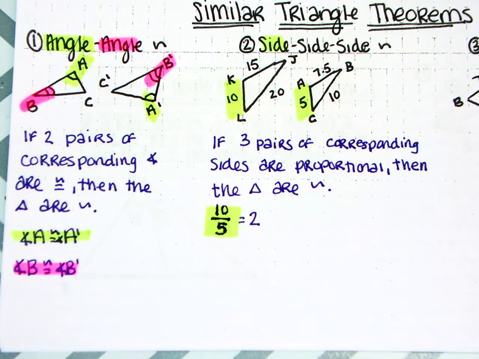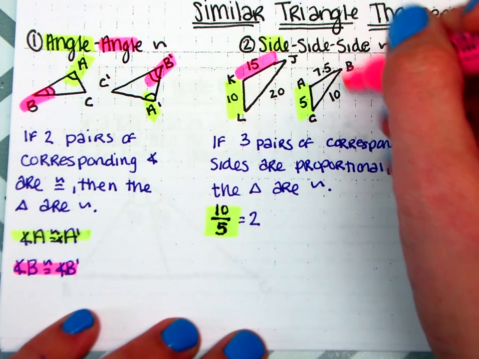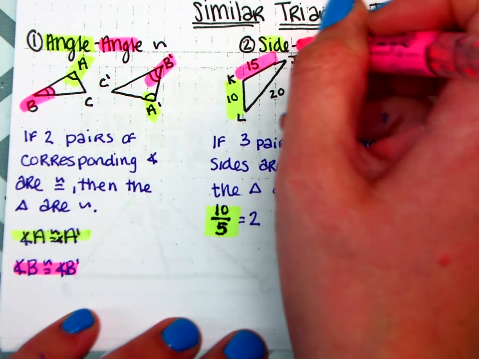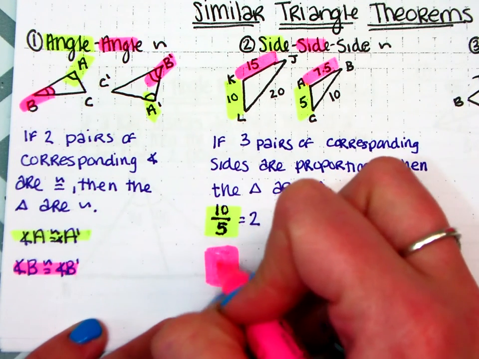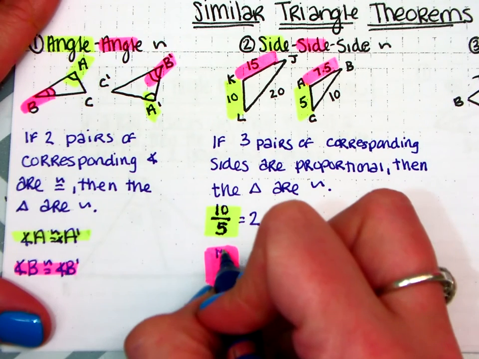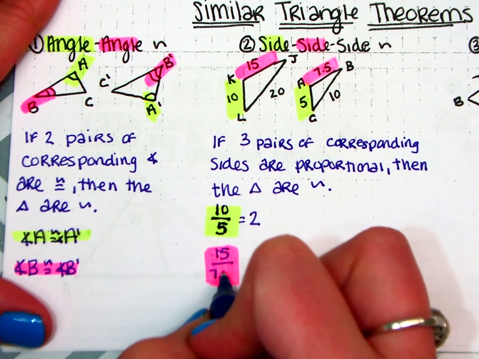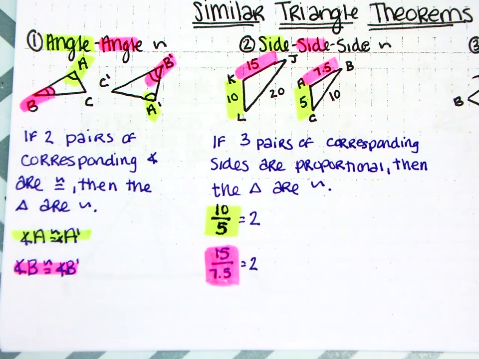Then I'm going to go up, so 15 is my next largest side, and my next largest side here is 7.5. So I'm now going to do 15, keeping with the pattern of the first triangle on top, and I'm going to divide that by 7.5, and I also get 2. And then you have to make sure that all 3 are the same.